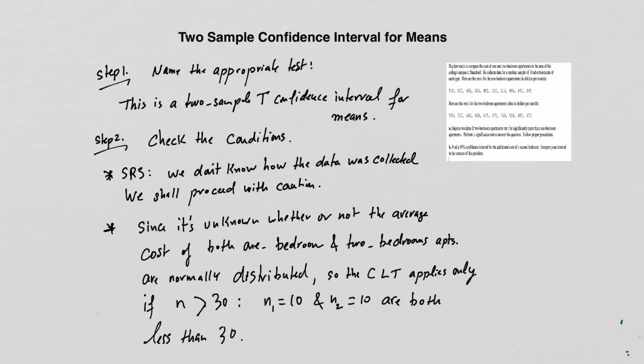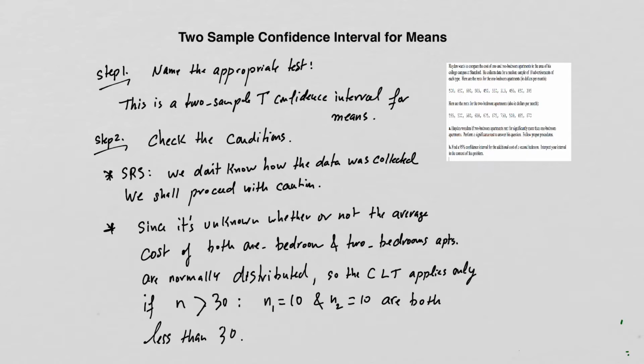Okay. The conditions are the same, but I want to point out something a little more forcefully so it is clear. The first one is on the SRS. We were not told that it is an SRS, so we shall proceed with caution. And then we know from the central limit theorem, X bar will follow a normal distribution if the parent distribution is normal.